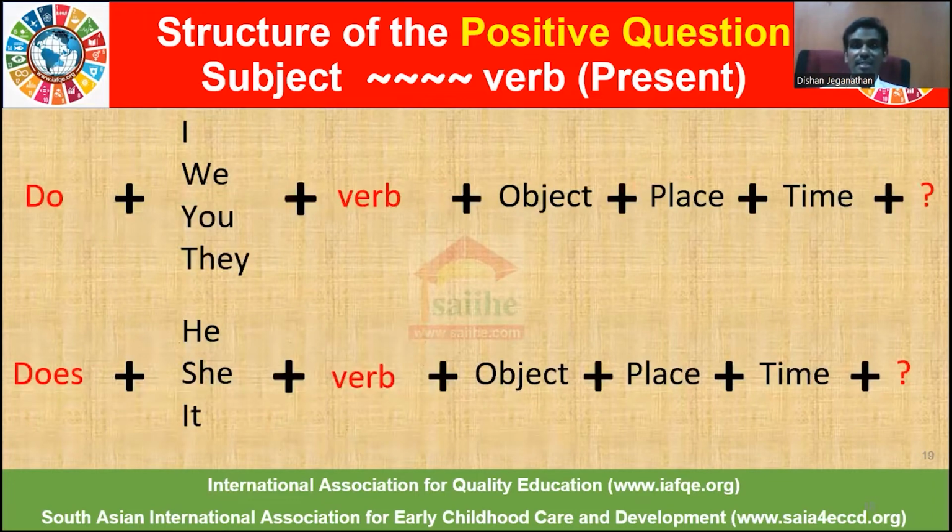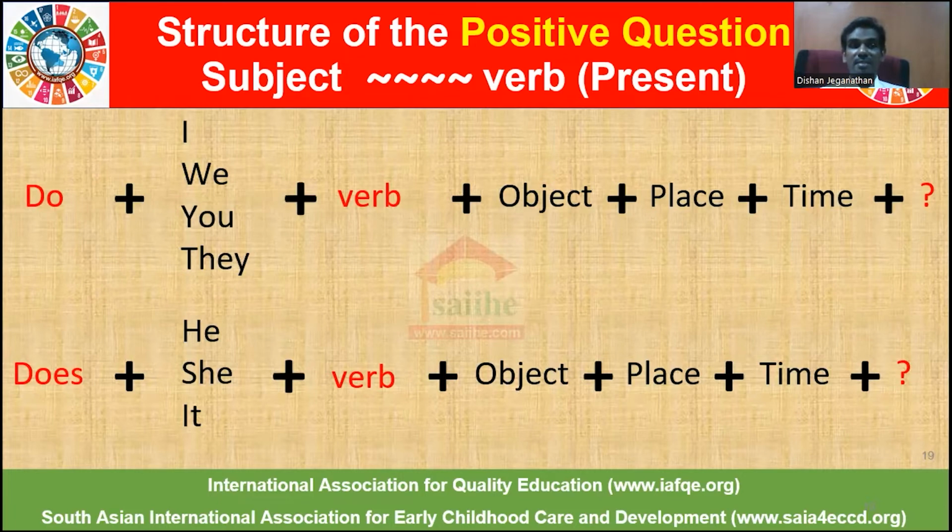For further understanding, let's look at the formation of the structure. Do plus the subjects I, we, you, they plus the verb and object place time. Does will be used for he, she, it plus the verb, object, place and time.